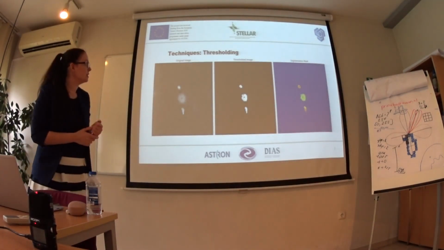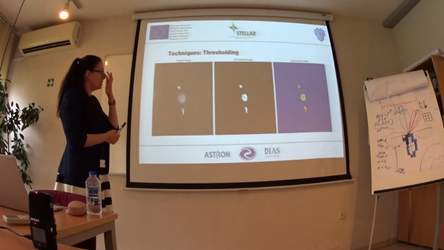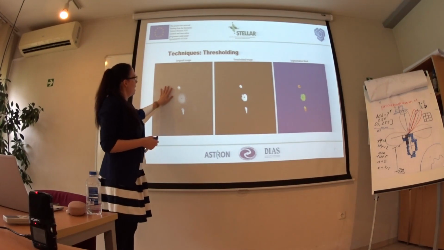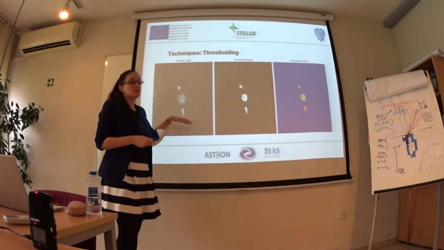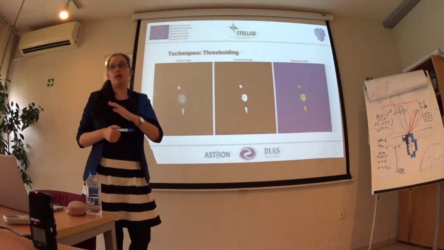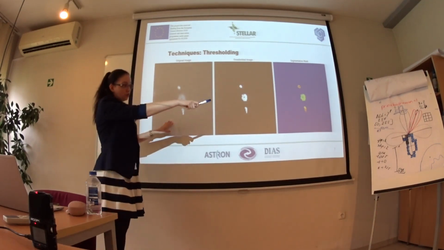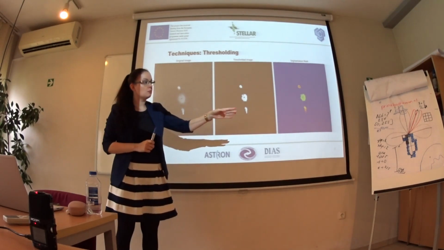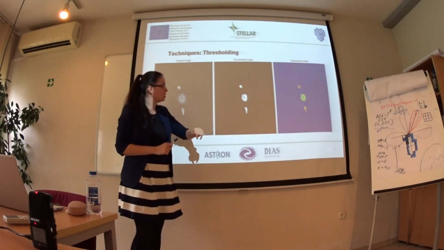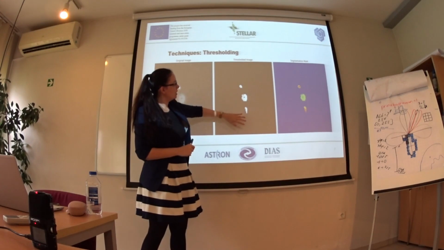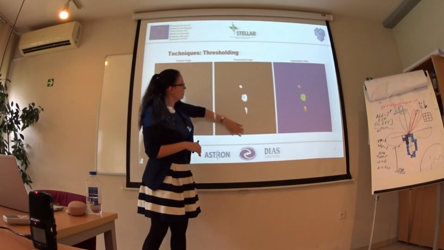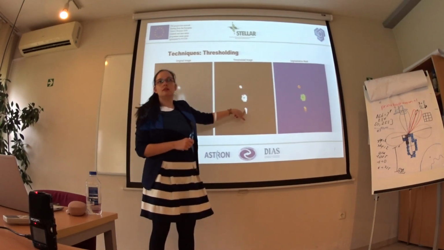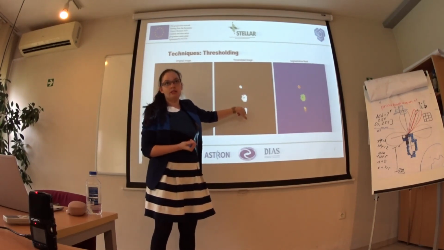So the first is thresholding, as I tried to explain to you. This is our original image, the original grayscale image. We have the values from 0 to 255. We found some threshold, and all the values that are below the threshold are zeros, and all others are white.